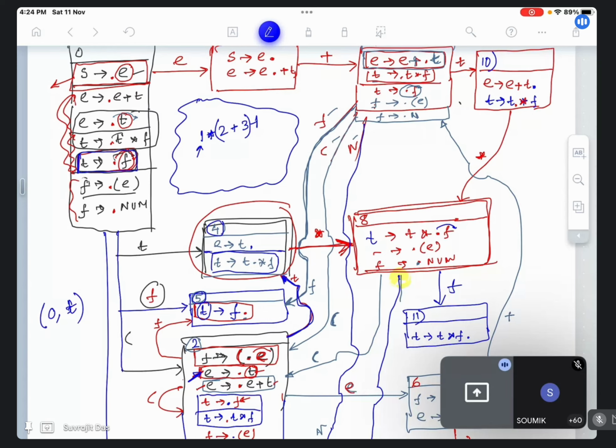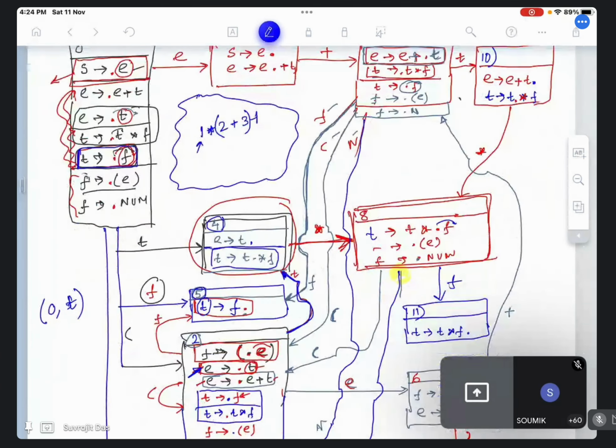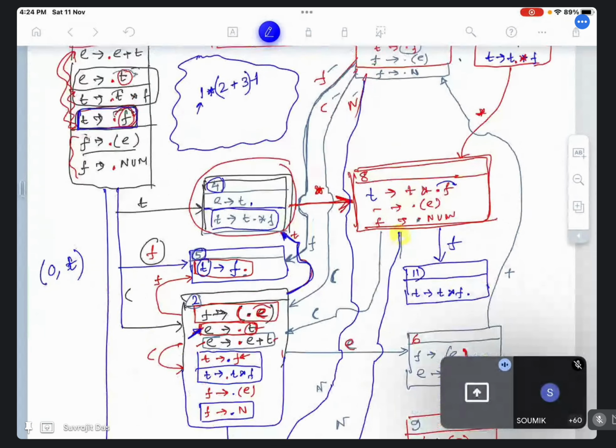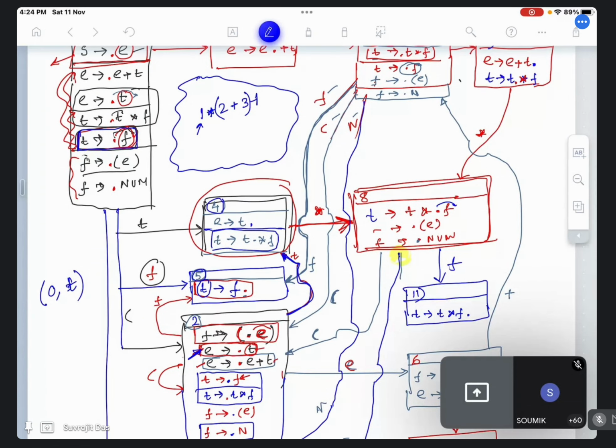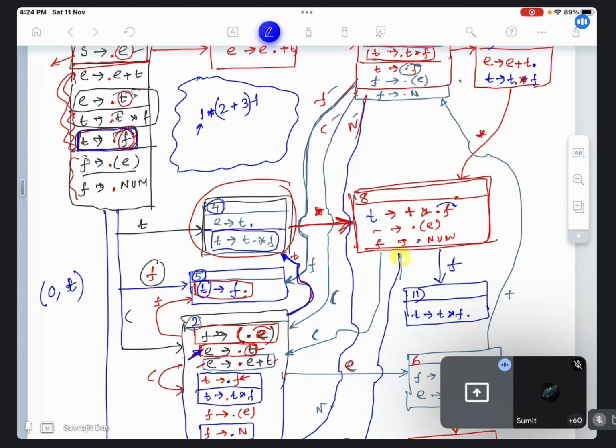Okay, I also was talking about that there are two interesting states where you have conflicts. Now, can you say what are the states that you have conflict? State 4. Why state 4? Very good. Why state 4? Because state 4 has a completely reducible production with dot as the rightmost symbol.